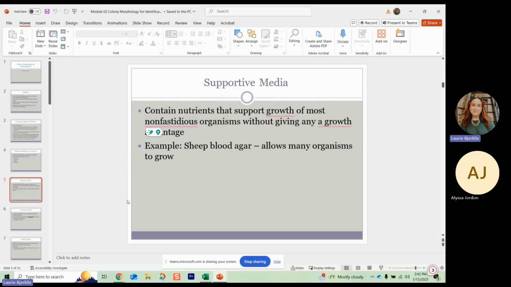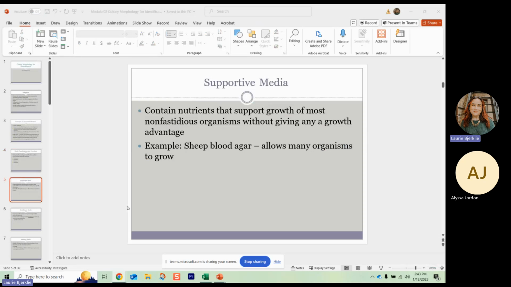Remember, the word fastidious means that it is a very picky organism. It wants extra nutrients to grow. It doesn't just want the sheep blood. It needs more than that to grow. So I teach this for a reason, because when we get to learning about certain fastidious organisms, you will learn they do not grow on sheep blood because it doesn't give them enough of the nutrients.